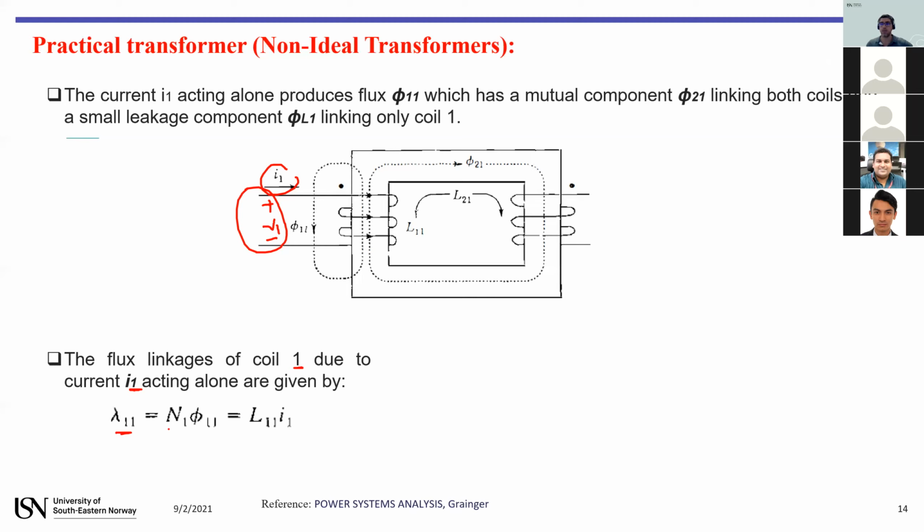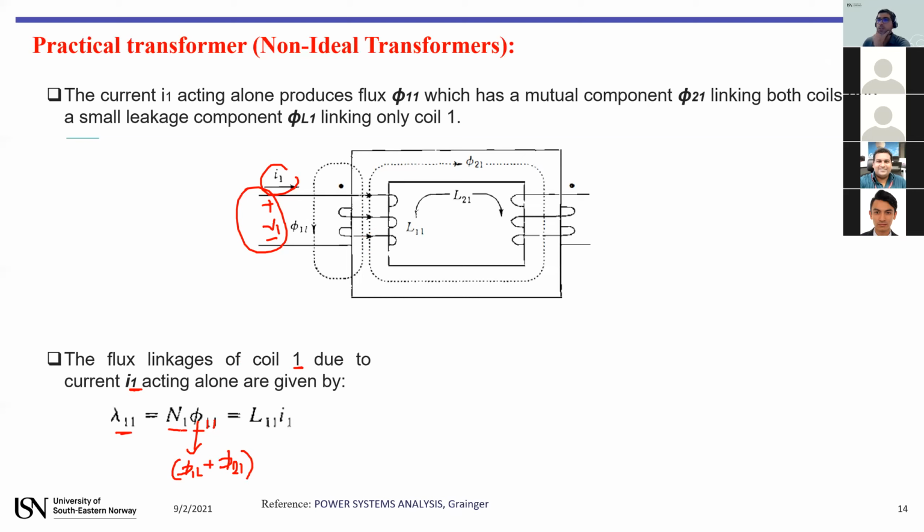That is N1 times phi 1. Phi 1 is the summation of two parts: phi 1L plus phi 2 1.